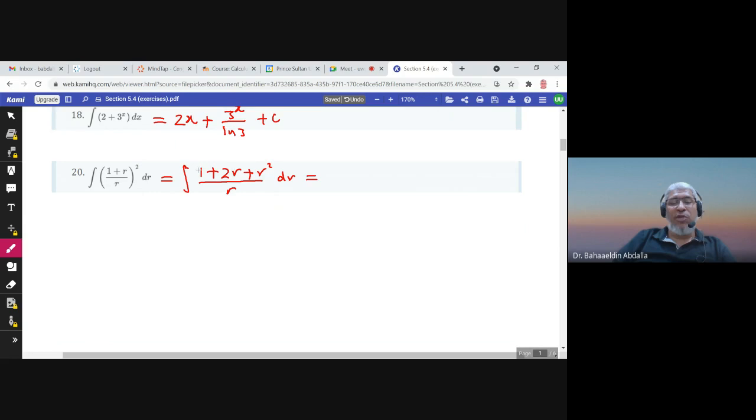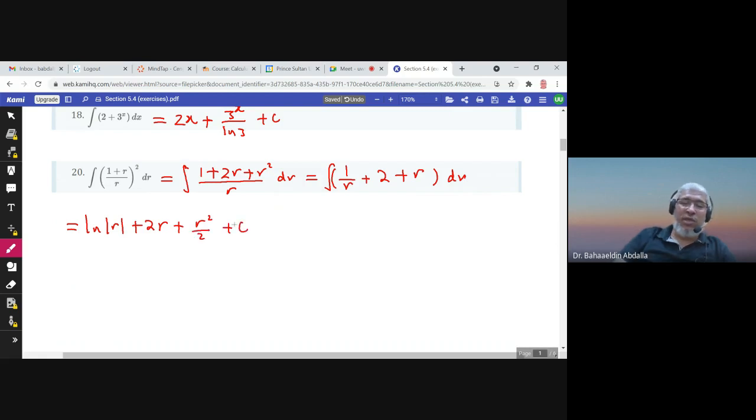And then I distribute the numerator over the denominator. 1 over r plus 2r over r will be cancelled with r, and I'll have 2, plus r square over r is r. 2 minus 1 is 1. dr. Now I can find the answer. Integral of 1 over r is ln absolute value of r. Integral of 2 is 2r. Integral of r is r square over 2 plus c.